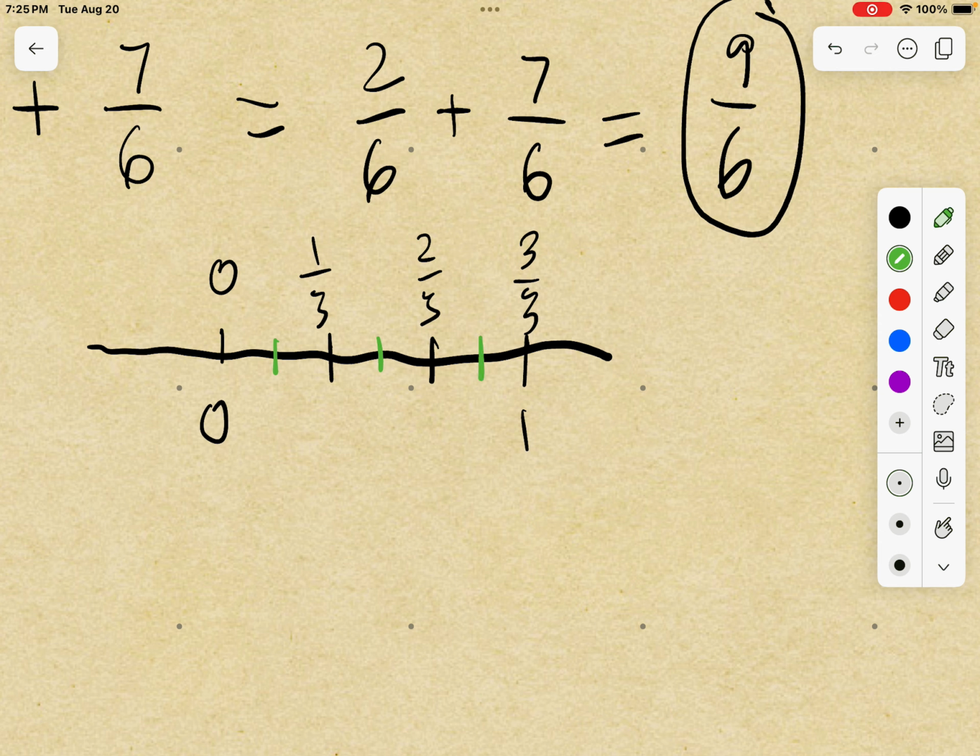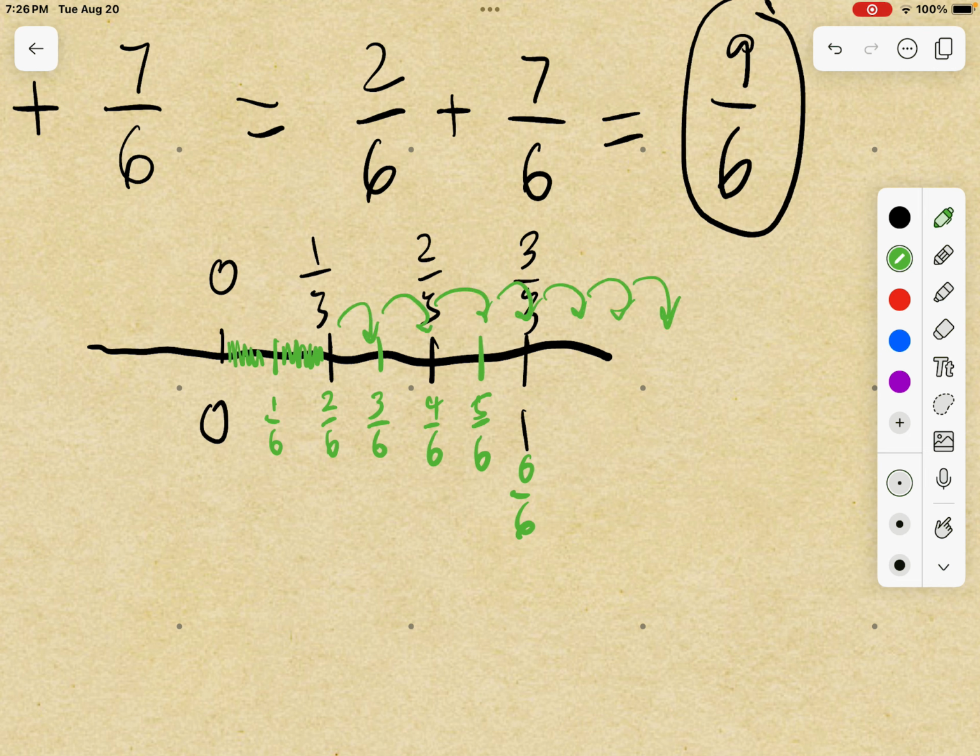So now I have 6. And so I have 2/6. And I'm adding 7/6. So 5, 6, 7. I end up at 9/6.